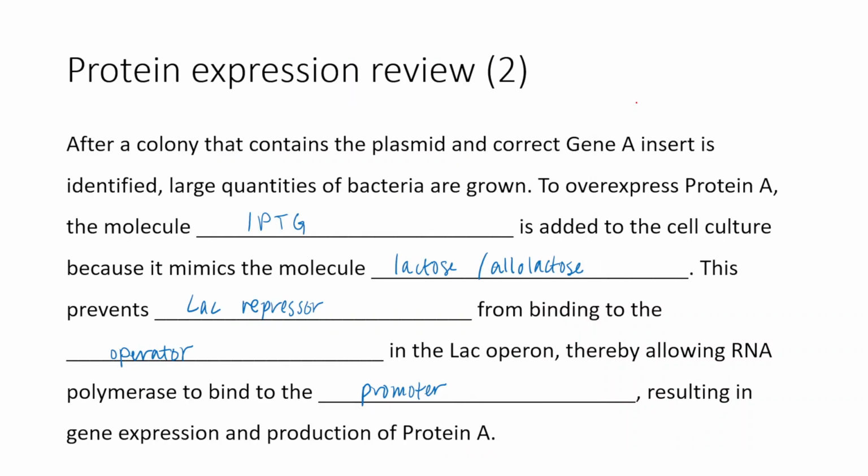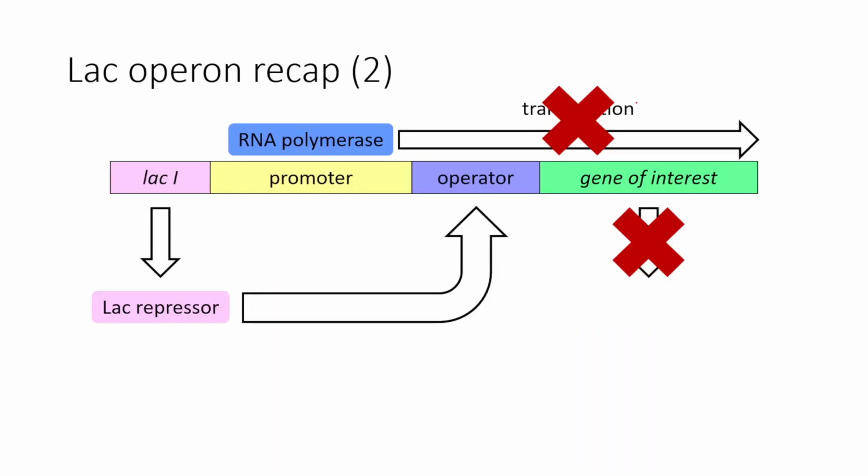So let's now keep going with chapter 5. If I recall, this is where we finished on Monday, talking about protein expression using the lac operon as our inducer of protein A. I also showed you the animation from the slides: when the lac repressor is bound to the operator, RNA polymerase is unable to transcribe your gene of interest, so you don't get it.